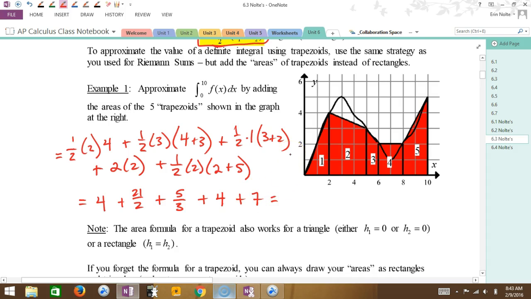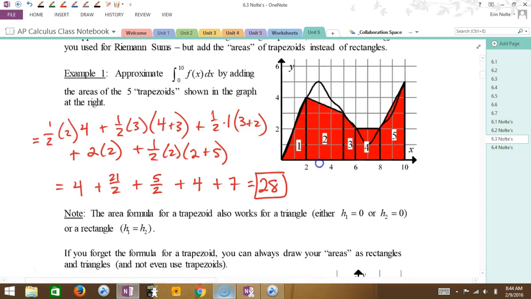And if you want to trust me on this, if you add it all up, you get 28 exactly. 28. Whoops, my bad on this one. I said thirds. You guys caught that? You wrote halves on your piece of paper. Alright, well that was super easy.